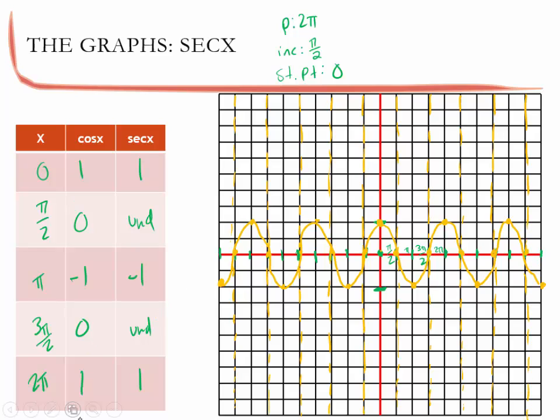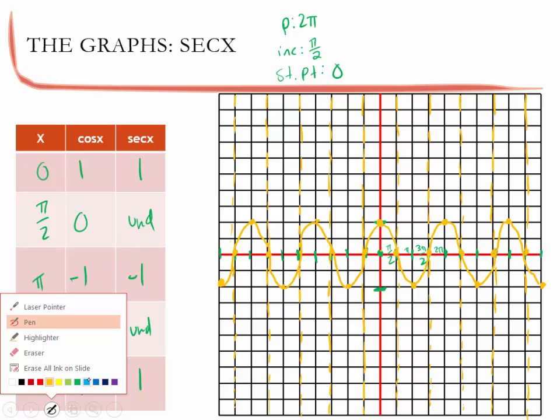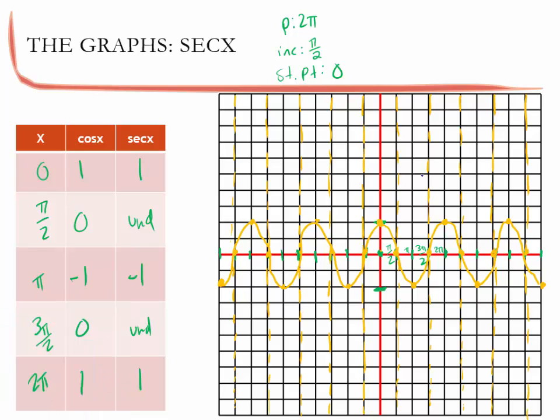Okay, and then time to do parabolas. So I'm going to pick a completely different color, purple, and we're going to do parabolas. There's one right in the middle. There's one right here at that max, and then all of these little mins here. There they are.